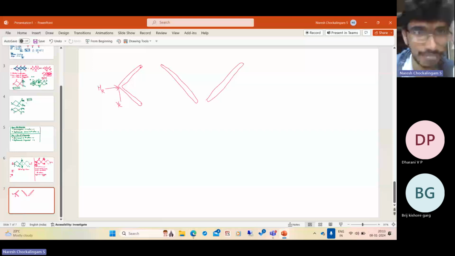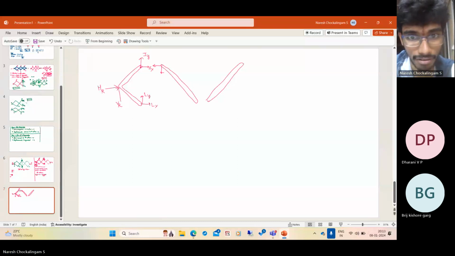So here, what are the unknowns? This transmits only forces and no moments. So here, let us call them IY, IX. Here, LY, LX. Here, they are just equal and opposite. And here also, it is just equal and opposite. I'm not writing them.